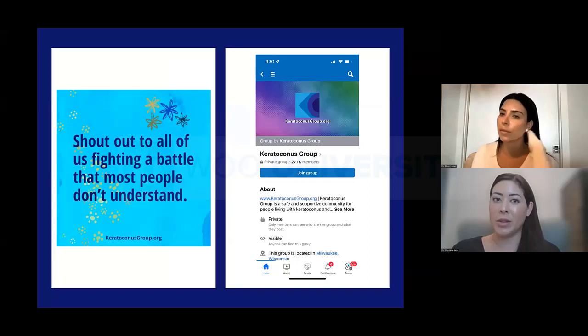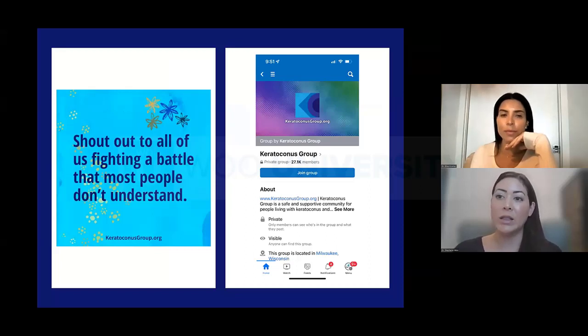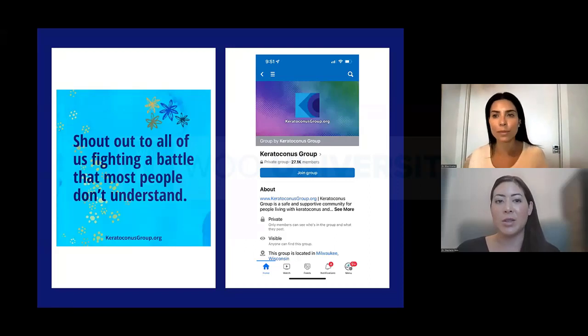And there was a really great post they had the other day on, this is what a normal person sees, and it was a picture of, I think, a drive-through menu or something like that. And then they're like, this is what keratoconus patients see, and it's double vision, really shadowy, glare, all this other stuff. So I think that kind of stuff is really neat.